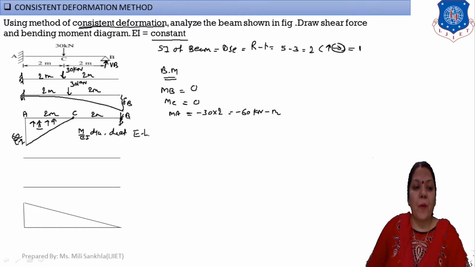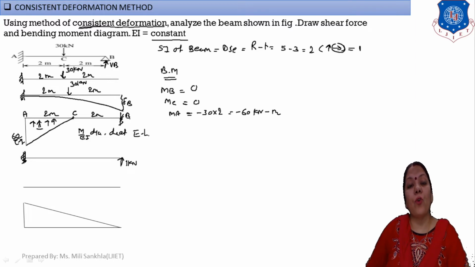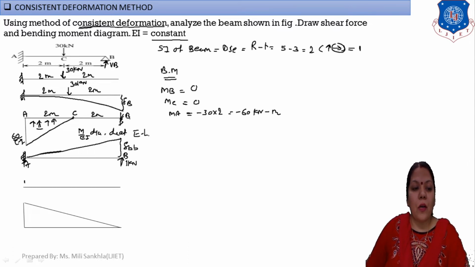Now next we remove all the external load, and we apply a 1 kilonewton unit load at the point where we released the redundant force, that is, the support reaction VB. This point is A and this point is B. If we apply this upward load, our beam deflects in the upward direction, and that is delta BB.